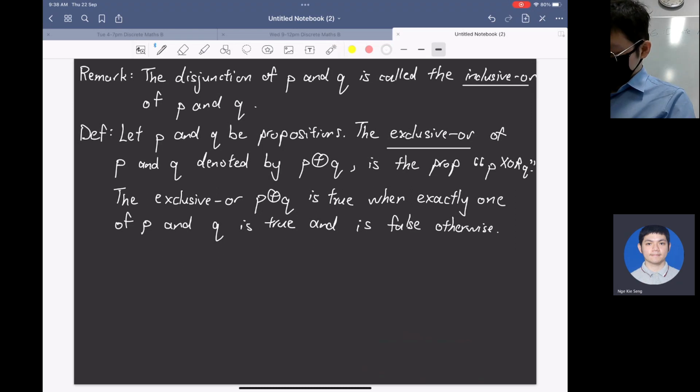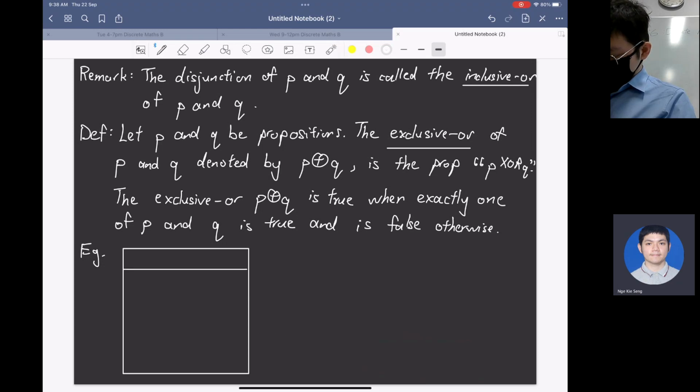Let me write the truth table again. You have true, false, true, false.